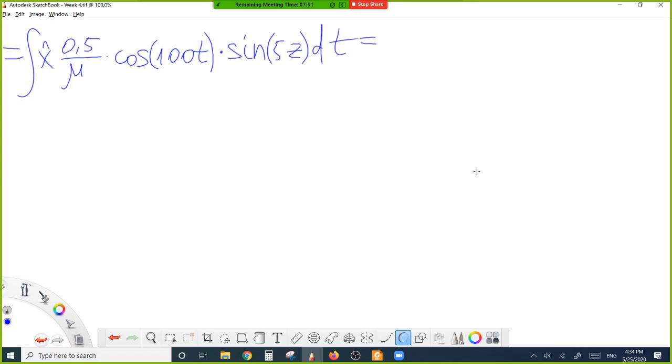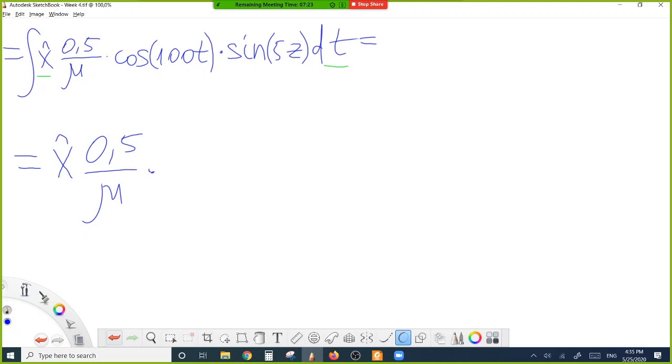Look, unit vector x in terms of time is constant. That's why it goes out of the integral. 0.5 over mu is constant.